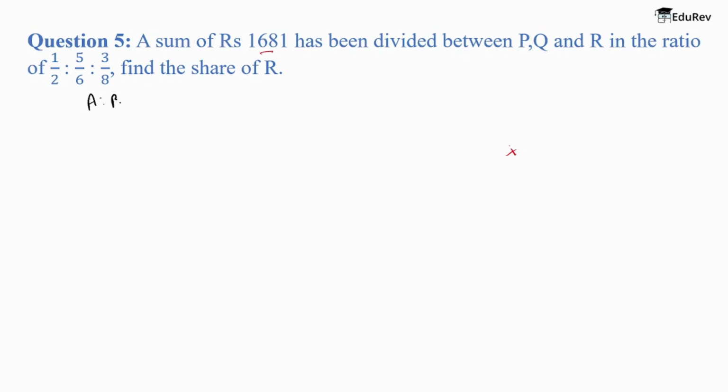A is to B is to C has been given as 1 by 2 is to 5 by 6 is to 3 by 8. So now I will tell you how to solve the fraction with the LCM method as well as with the shortcut method.